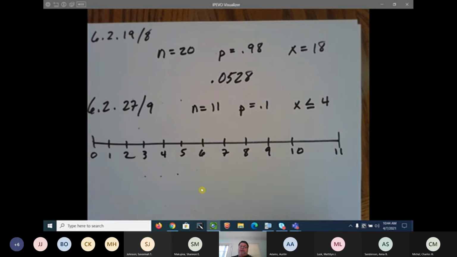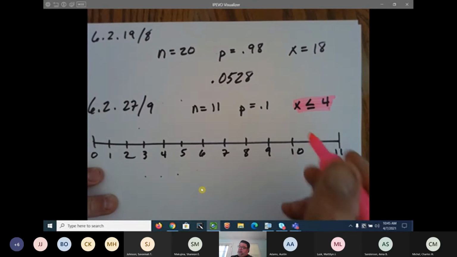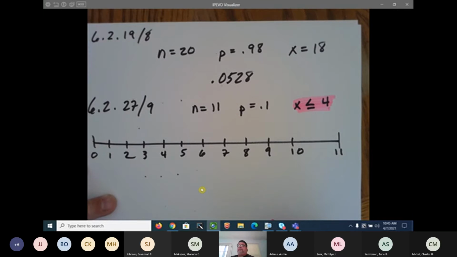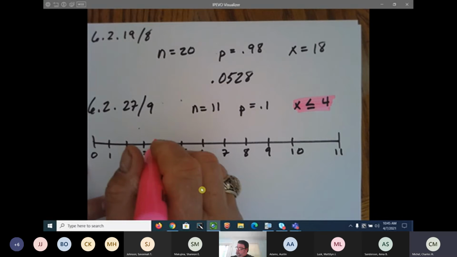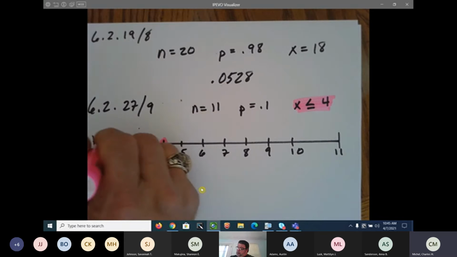Okay, so somebody tell me how to graph this right here, and I'm going to mark that in pink. How do I plot that on the number line? You would put a closed circle over 4 and then go backwards, towards 0.